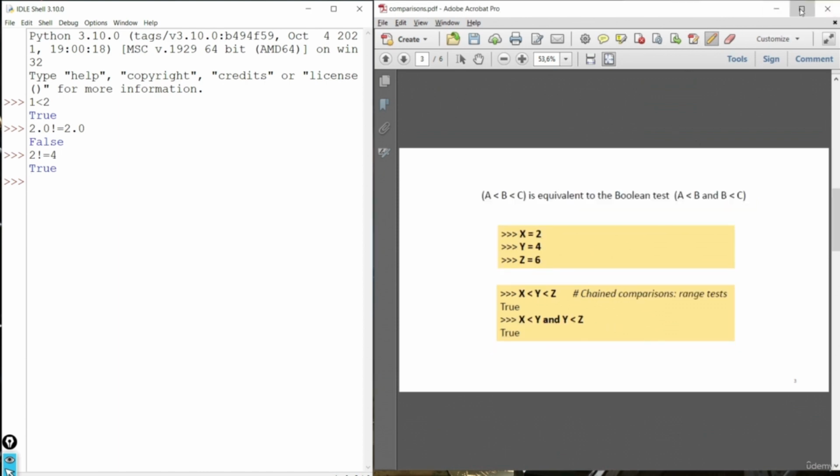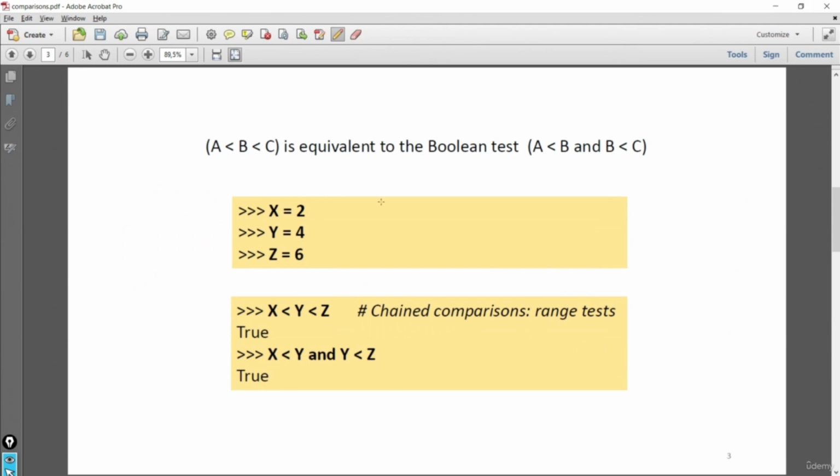And now let's see chain comparisons. A smaller than B smaller than C is equivalent to the Boolean test A smaller than B and B smaller than C. For instance, let's define 3 variables x, y, z having values 2, 4 and 6.